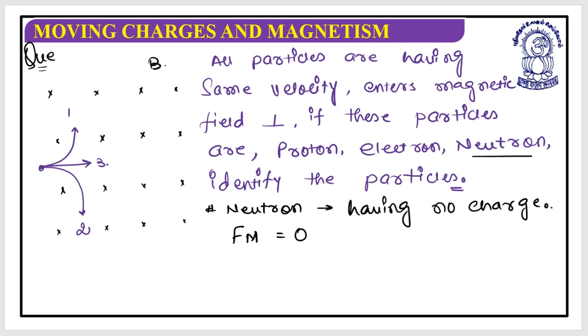And if the magnetic force is zero, its deflection is zero. So it should move straight forward, on a straight line without any deviation. So the third particle should be the neutron. I hope you understand this.